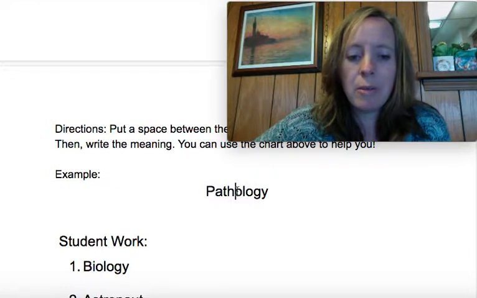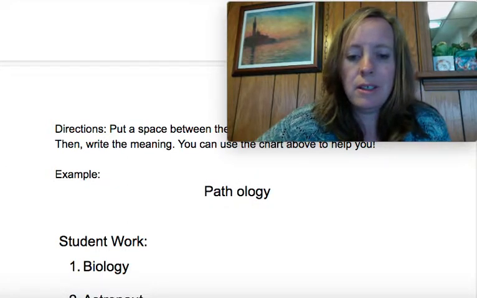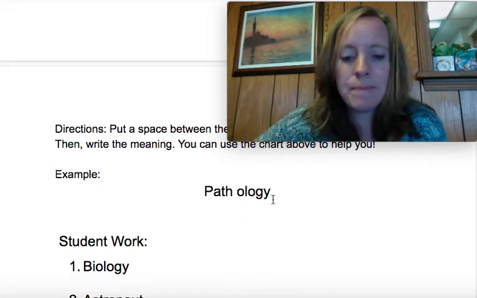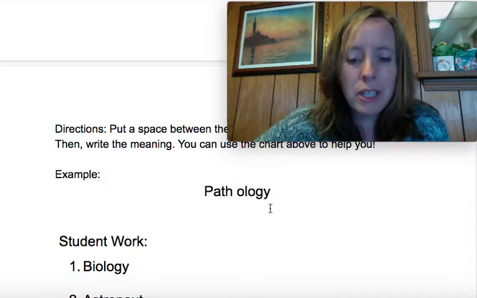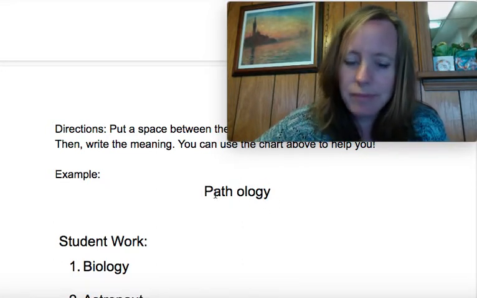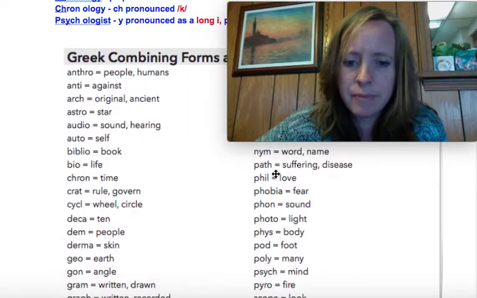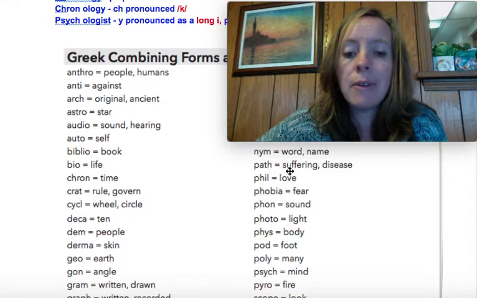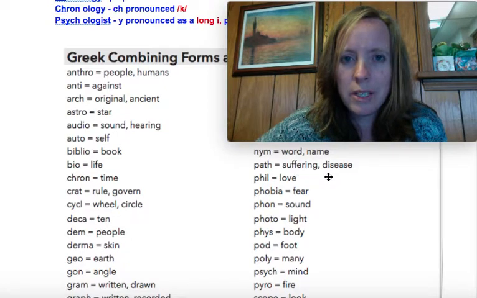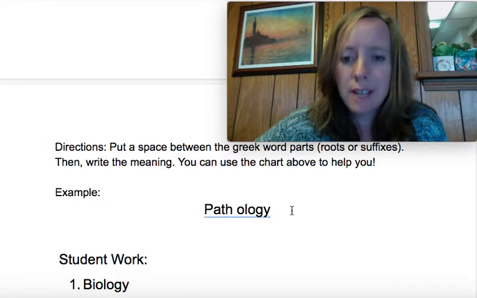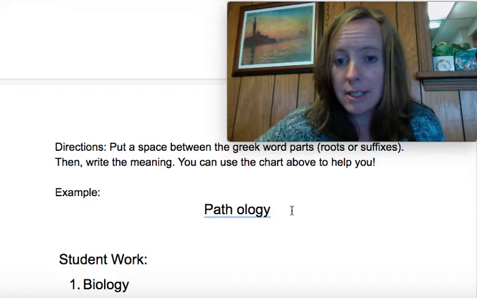So first, I'm going to put a space so that my brain can see those different word chunks. I know ology is the study of. I don't know what path means, so I'm going to go look it up in my chart. Oh, path means suffering or disease. So pathology is the study of a disease.